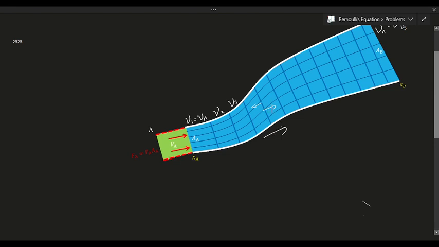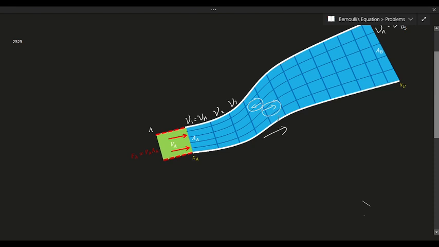So the work done by this force is positive, while the work done by this force will be negative because this force is in the opposite direction to the displacement that occurs. So these equal and opposite forces cause the displacement in the same direction, but because the forces are opposite and displacements are in the same direction, the two works done will be equal in magnitude but opposite in sign.